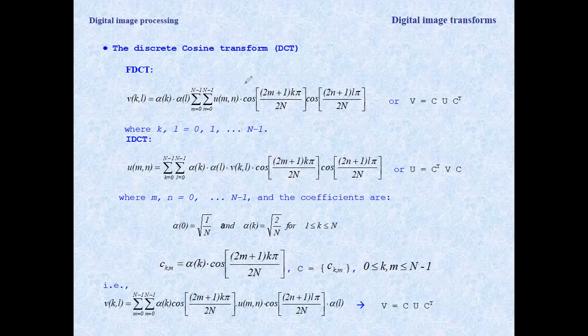Like the two-dimensional Fourier transform, I hope by now you should be able to write the expression for the Fourier transform in 2 dimensions. Can one of you tell quickly? I will write here with poor writing, but I request one of you to tell. The 2-dimensional discrete Fourier transform.